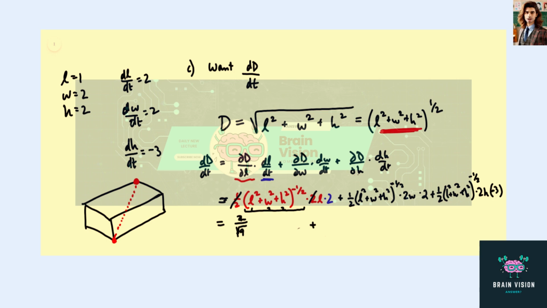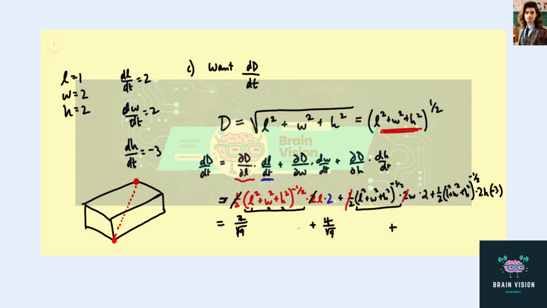Over here, let's see what we get. Well, again, the good news is every time we do this, we're going to get the same thing. We just did this calculation. So this is 1 over the square root of 9. Again, this 1/2 and that 2 will cancel out. All we're left with is W times 2, and W is 2. So 2 times 2 will give us 4 on top.